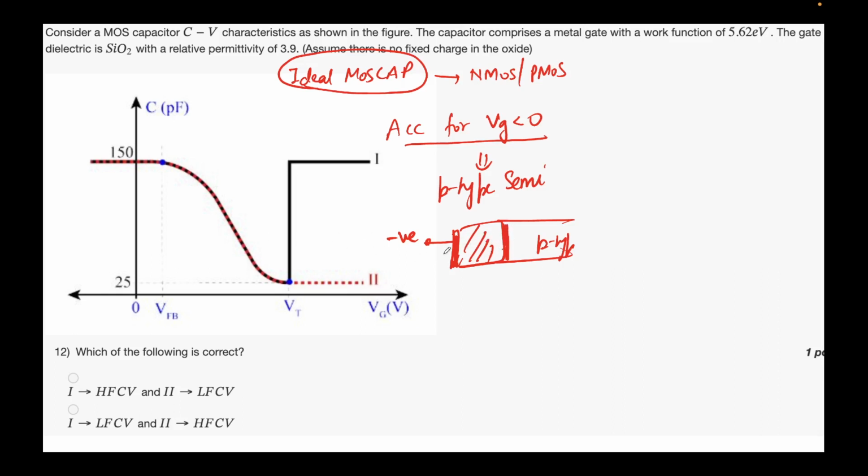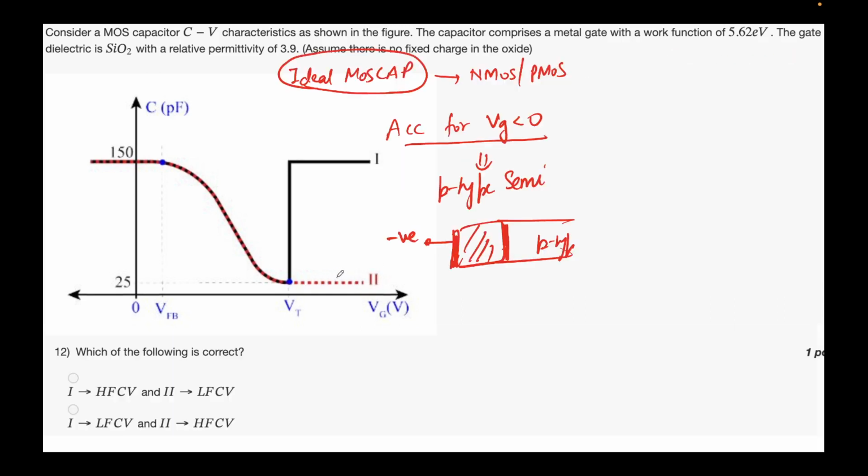On the negative side, you apply any bias, the picture will remain the same. That's why on negative bias you only see one thing, Cox. Okay, and we also know that for high frequencies it goes to a minima and then it saturates over there. So 2 corresponds to high frequency CV.